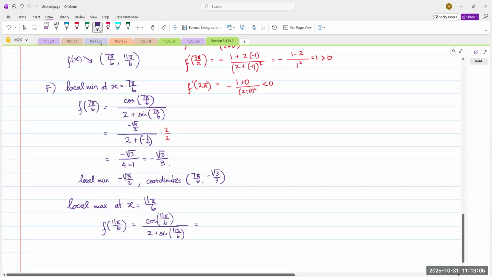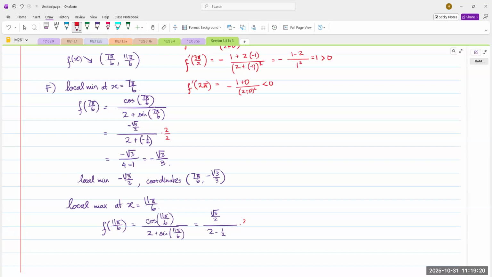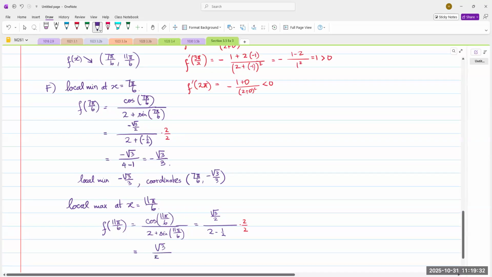This is positive radical 3 over 2 over 2 minus 1/2. Multiply the top and the bottom by 2, that will be radical 3 over 4 minus 1. Oh, that's radical 3 over 3.